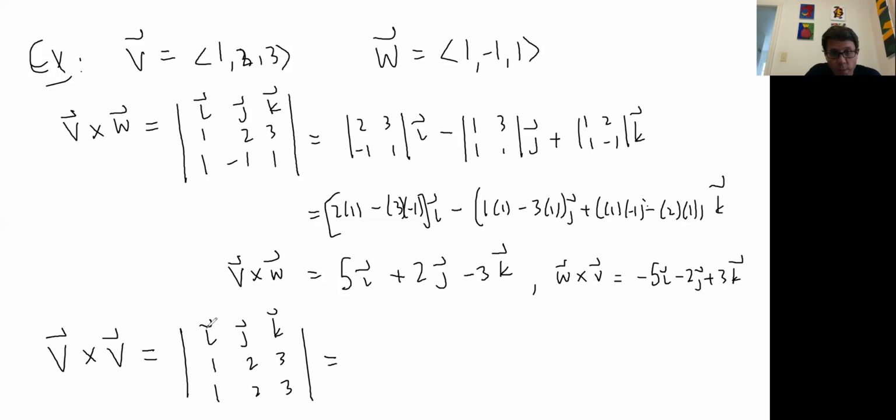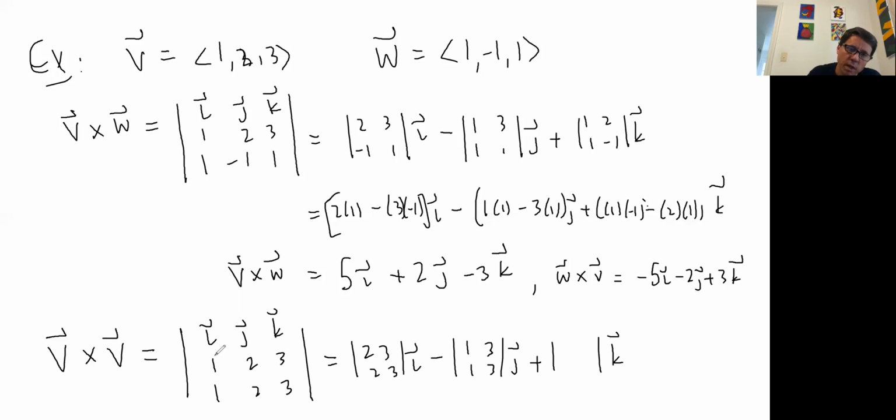According to the formula, I would cross out all this stuff and get 2, 3, 2, 3 in the I direction. The J I subtract, and I would have 1, 1, 3, 3 in the J direction. I just take all the stuff that's not J. I get 1, 2, 1, 2.